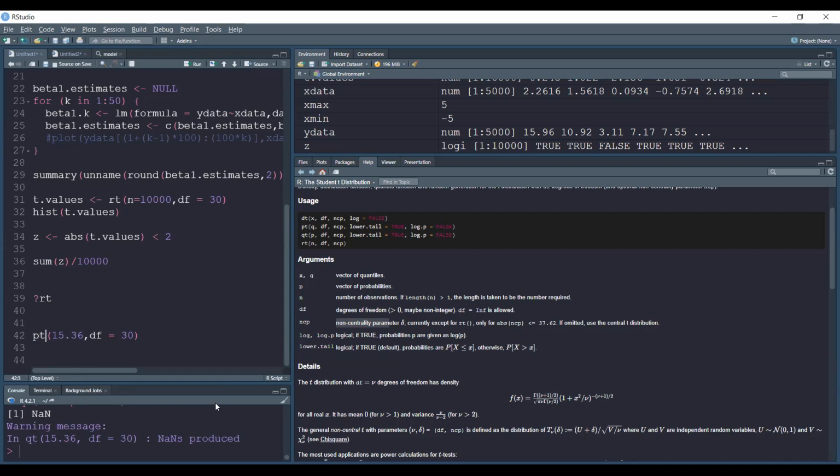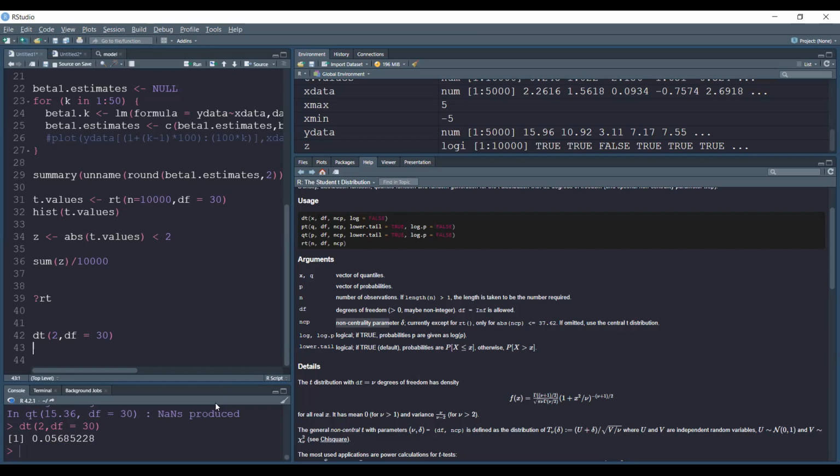So why don't we give it 2? If the D does what I think it does, when I run this line of code, it should give me 97.5%. Ah, okay, but it's giving me the complement of 97.5%.